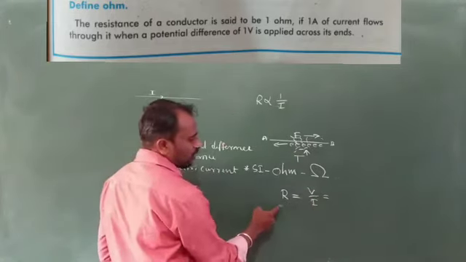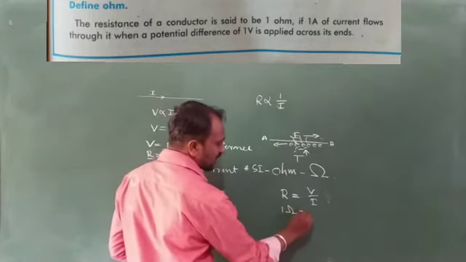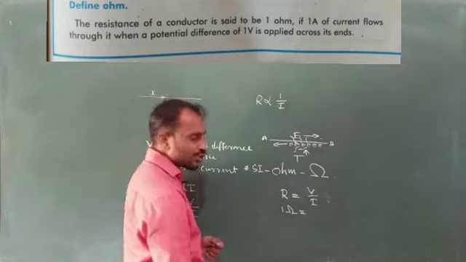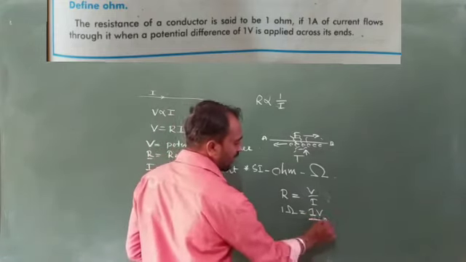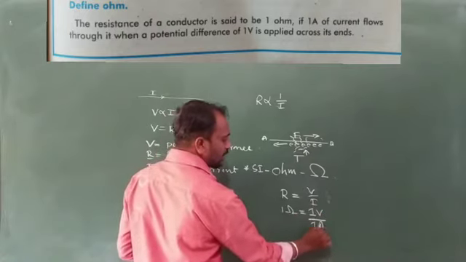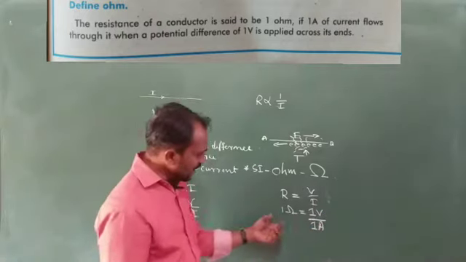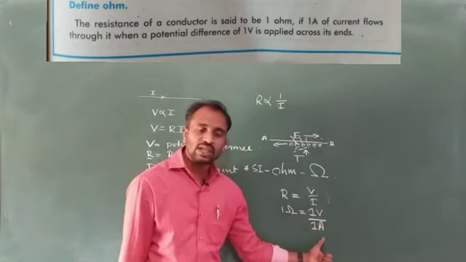Suppose we want to calculate 1 ohm resistance. It means 1 ohm resistance is equal to V, the potential difference, 1 volt, divided by I, the electric current, which is measured in ampere. So 1 ohm of resistance is equal to 1 volt divided by 1 ampere.